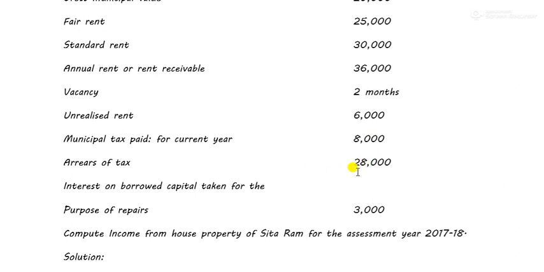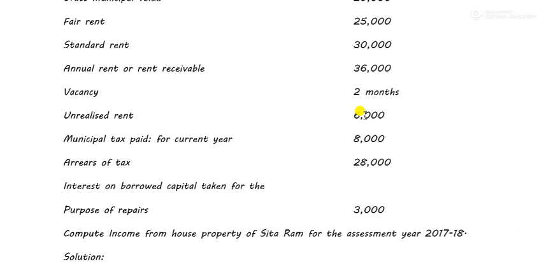However, the tax which is not paid for the previous year is 28,000. So what will be the amount deductible for municipal tax? 8,000 or 28,000 or 36,000? Think for a minute. What will be the amount?